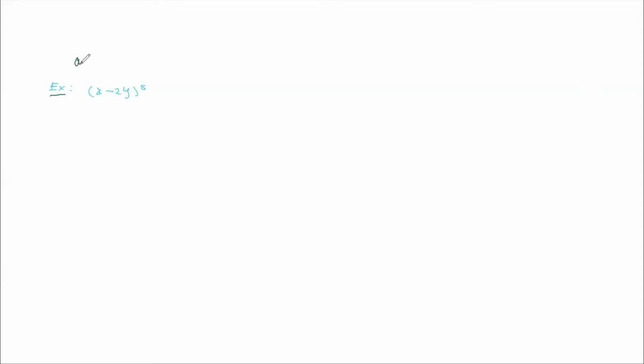Okay, so the formula again: a plus b power n equal to nC0 a^(n-0) b power 0, plus nC1 a^(n-1) b power 1. Plus the next term becomes nC2 a^(n-2) b power 2.